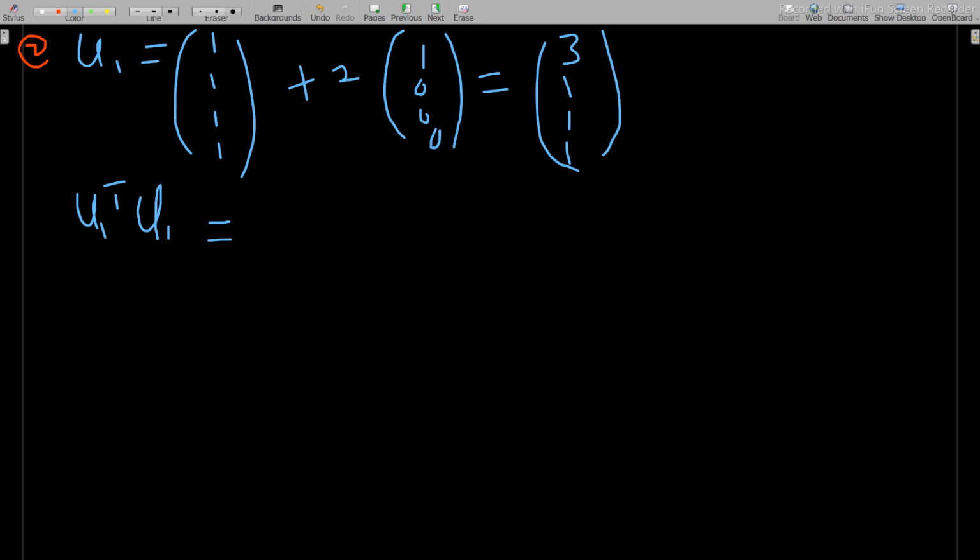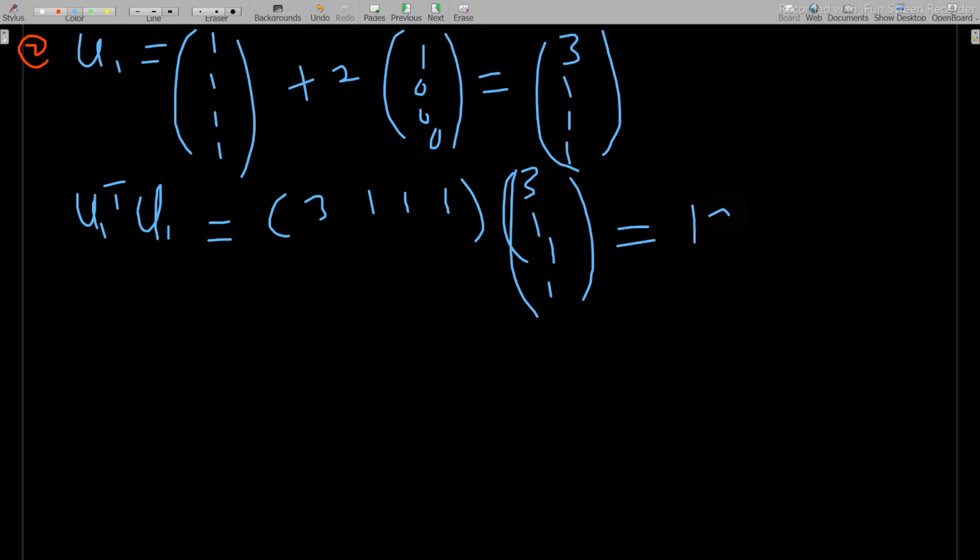So my u1 transpose u1 should be equal to the transpose of this, 3 1 1 1, times u1, which is 3 1 1 1 itself again. Just bear with me, and this will give me 12. You can use your calculator, or you can do this manually.